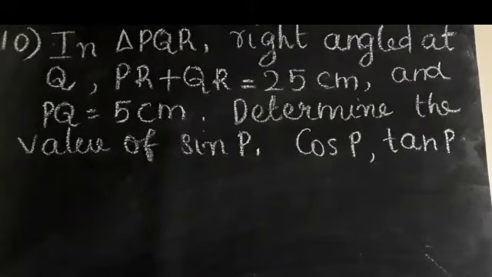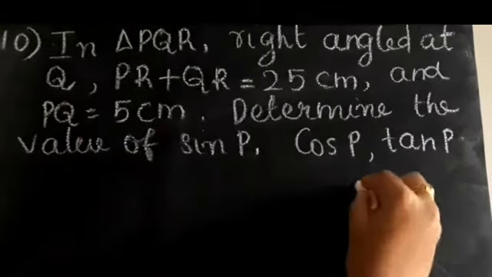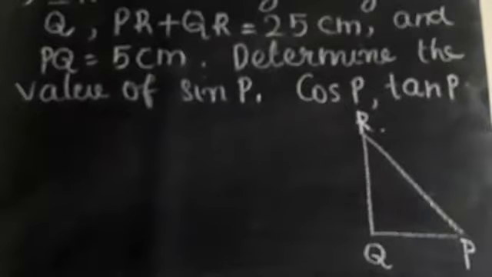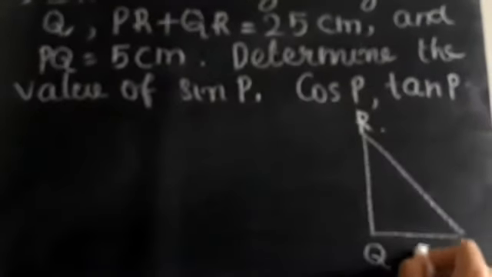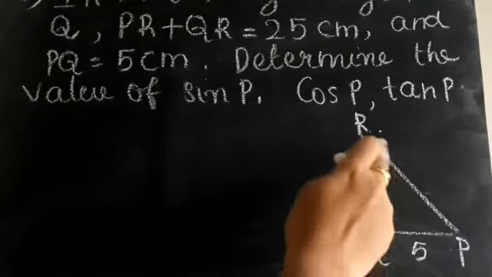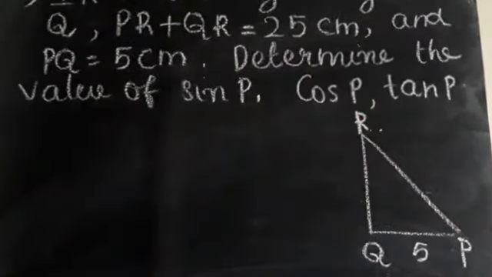Okay. So the first step, draw a right triangle PQR, right angle at Q. And it is given that PQ is equal to 5 centimeter. QR is not given, PR is not given, but the sum of the two sides is given as 25.